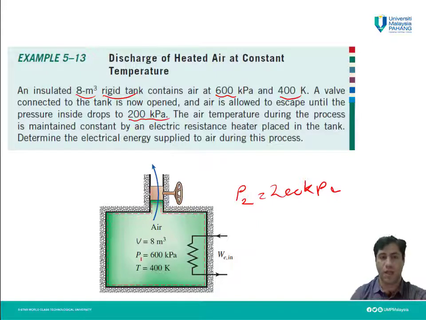In other words, if we open this valve, because we don't have any other mass through this tank, this air is escaping from the tank, its pressure will reduce and also its temperature will reduce. But we can keep its temperature constant by using this electric heater, or electric resistance.